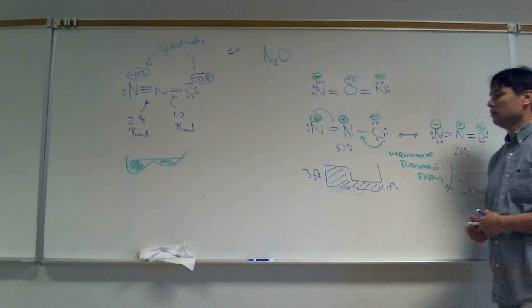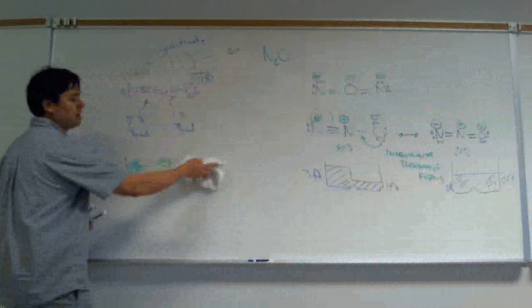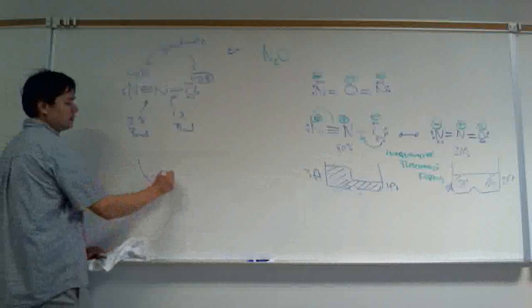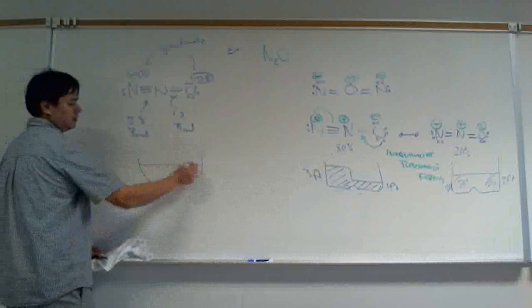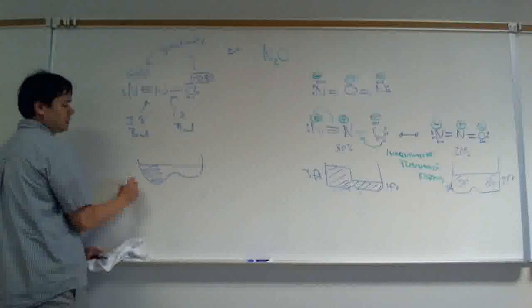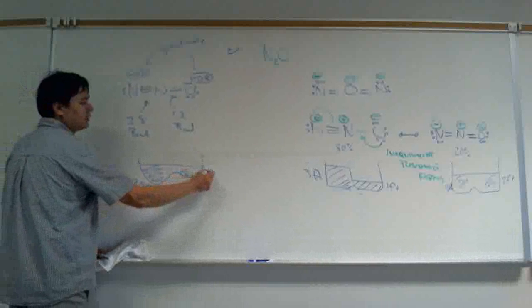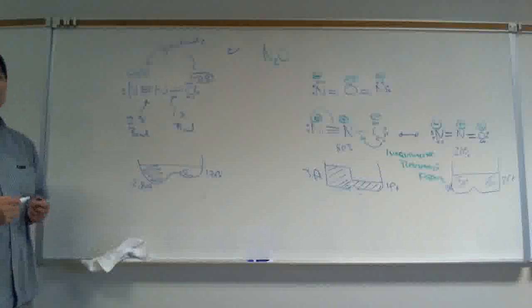The tubs aren't even depth like that. This tub is a little deeper than this one, and so more of the water accumulates here, 2.8 feet, and we only have 1.2 feet here because it's uneven. Now, these aren't equivalent resonance forms.